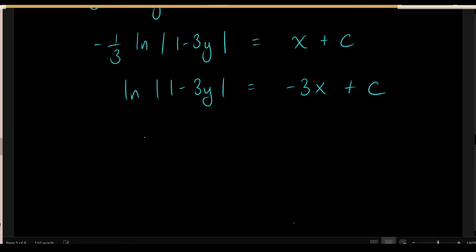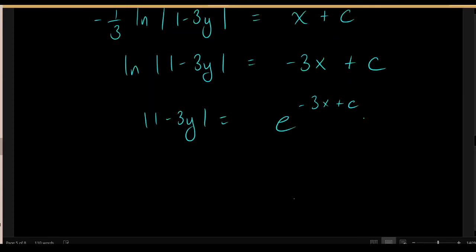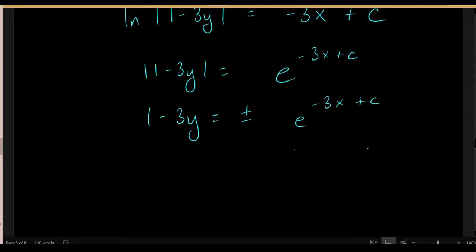Now we can use the exponential to get rid of the logarithm, which means that 1 minus 3y is equal to plus or minus e to the negative 3x plus c. But via the standard trick, we can roll this into 1 minus 3y equals some number k e to the negative 3x.